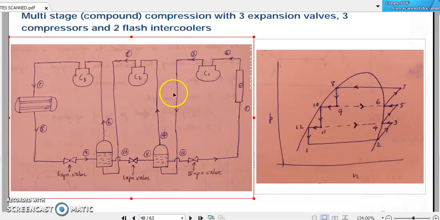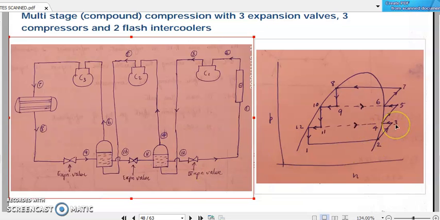From 3 to 4 the refrigerant passes through a flash gas chamber. When it passes through the flash gas chamber, some cooling effect is provided by its presence. So this flash gas chamber acts as an intermediate cooler, or intercooler.